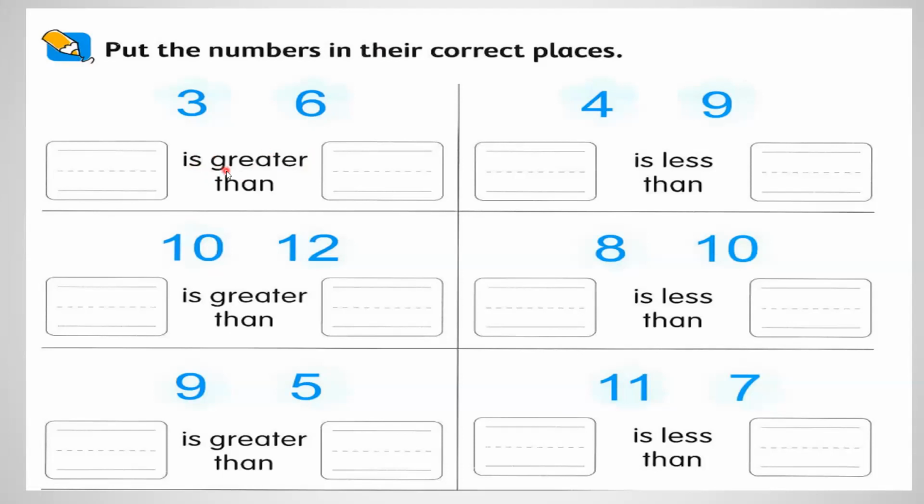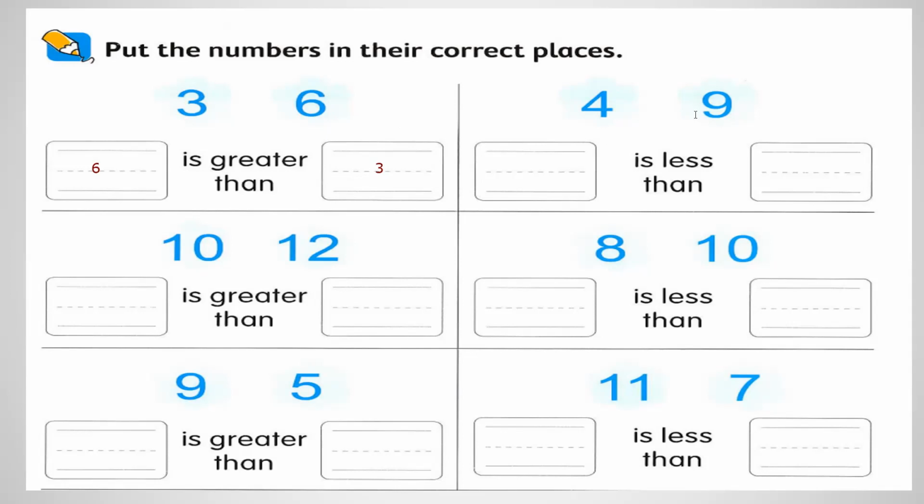Greater means bigger. So which is bigger, 3 or 6? Of course, 6 is bigger, so we will put it first. And put the second number here. So 6 is greater than 3.